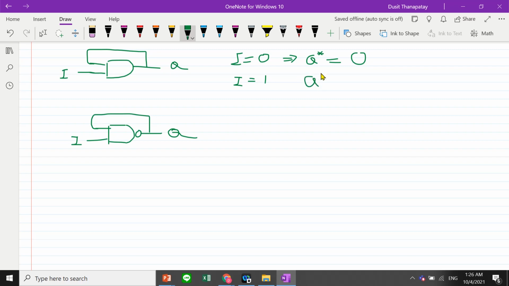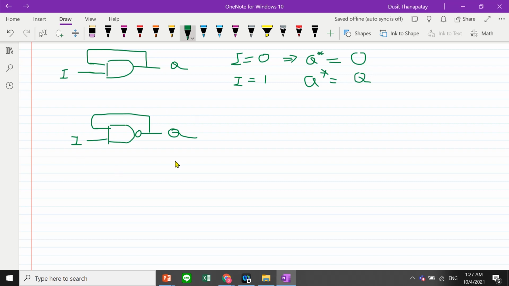How is the value of Q star, the next value of Q? When I is 1 and Q is Q, right? That means if the current value of Q is 0, it still will be 0. But if it's 1, it still will be 1. So you can write it as Q star is Q, the same value as the previous one.